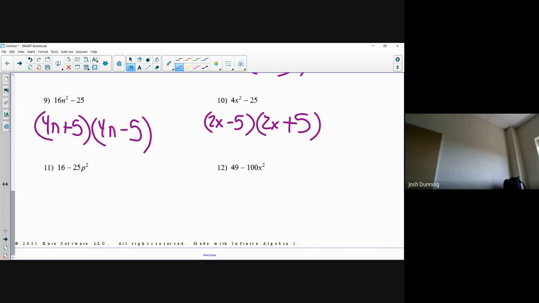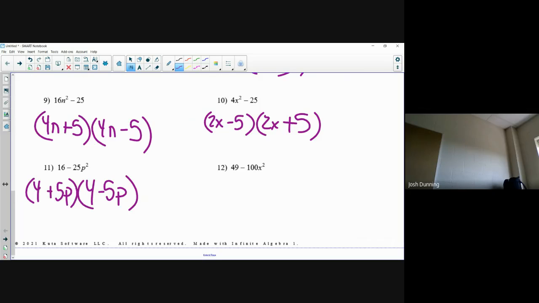If the variable is second, doesn't matter, just put it second. Square root of 16 is 4. 1 gets a plus, 1 gets a minus. The square root of the second term, 5 with the b. There you go.